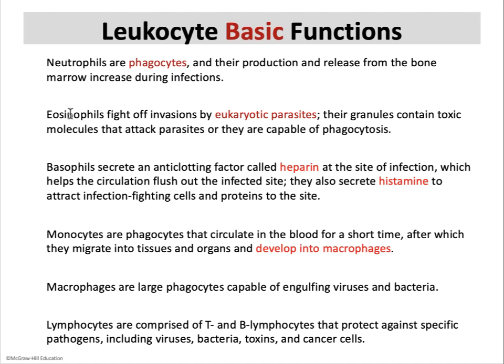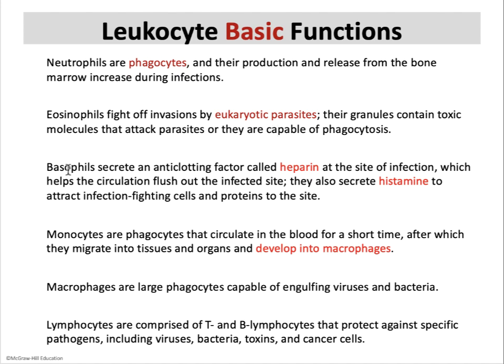Likewise, eosinophils are increased in concentration when parasitic worms and such enter the body. These are eukaryotic parasites, and the granules contain toxic molecules which are released onto the surface of the parasites, hopefully in an attempt to control and kill them. Basophils are response cells.